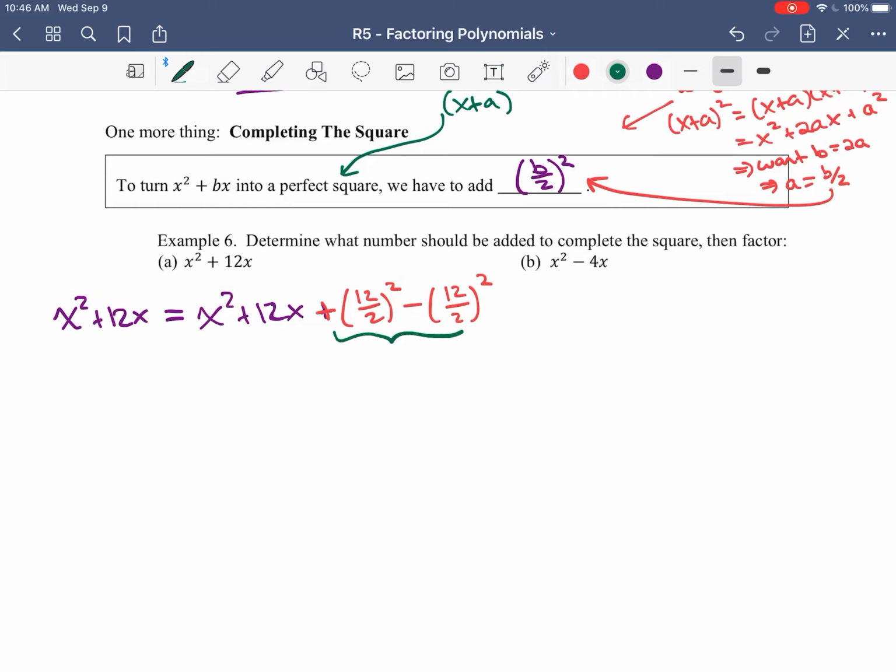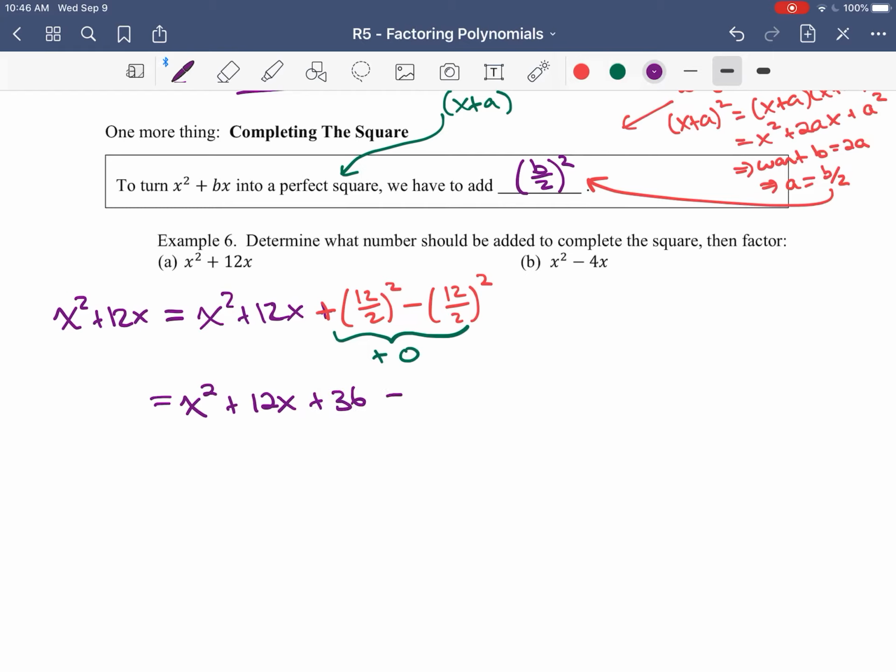The reason for that is that this is equivalent to plus 0. Plus 0 doesn't do anything. You can always add 0 because it's not doing anything. So if I want to add something, I have to also subtract it. Now I have x squared plus 12x. 12 over 2 is 6, and that squared is 36.